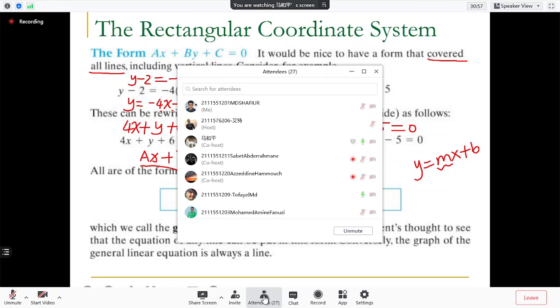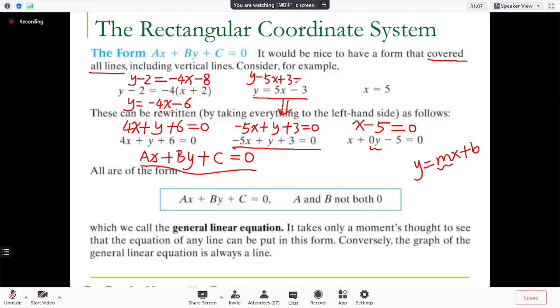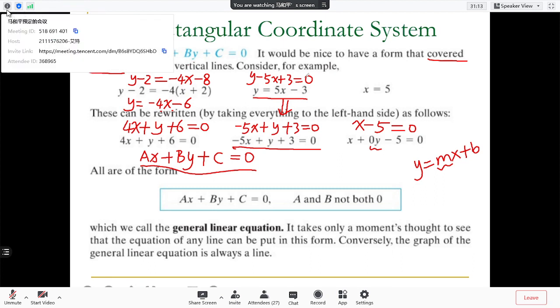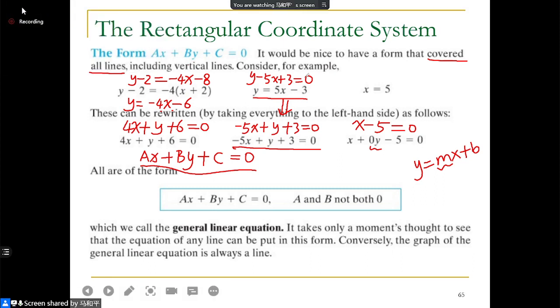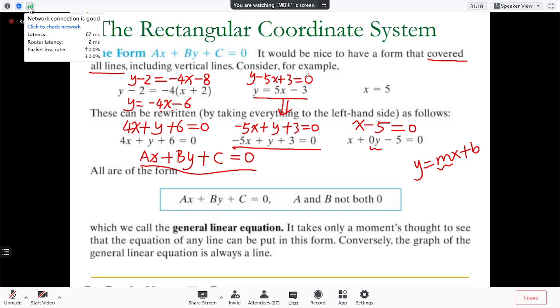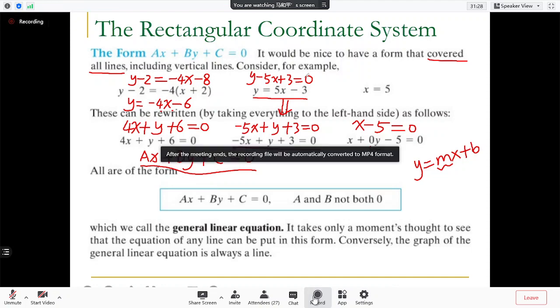Taking everything to the left hand side, right? This is 1, minus 5x. So we just write minus 5x plus y plus 3 is 0. Understand? Yeah, I got it.